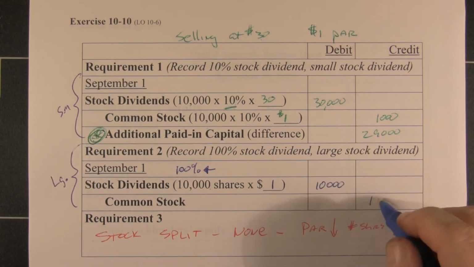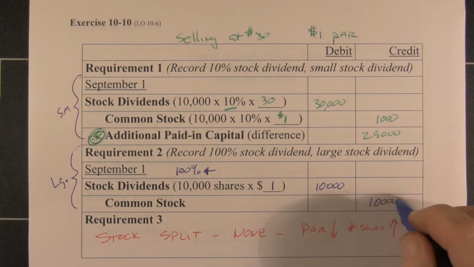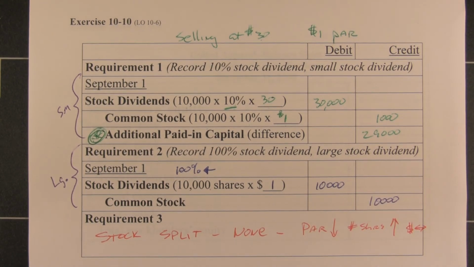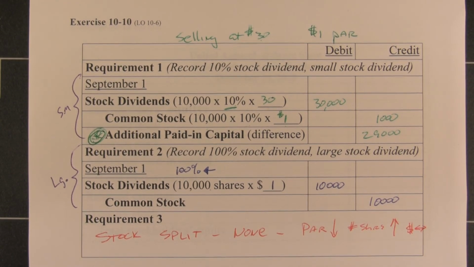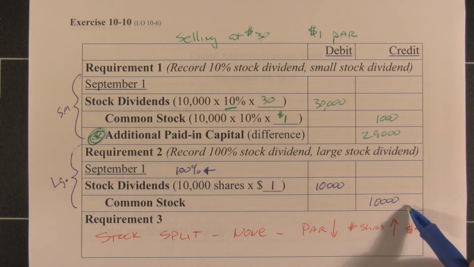$10,000 stock dividend, $10,000 common stock. The reason that the folks who are in charge, FASB and the SEC, want to make sure that you do that is because you are making it seem like more people are buying your stock when you issue a stock dividend.